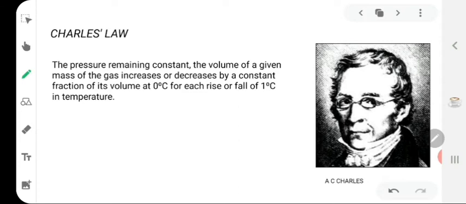Now let us consider a gas occupying volume V0 at 0 degree Celsius and V at theta degree Celsius.